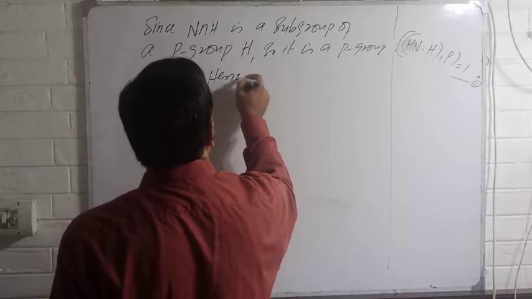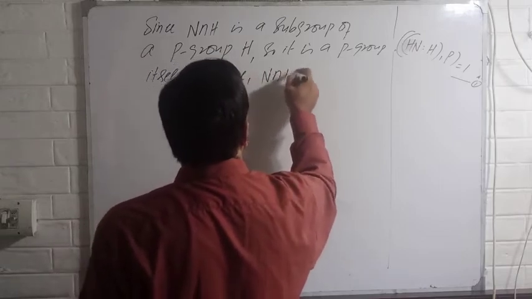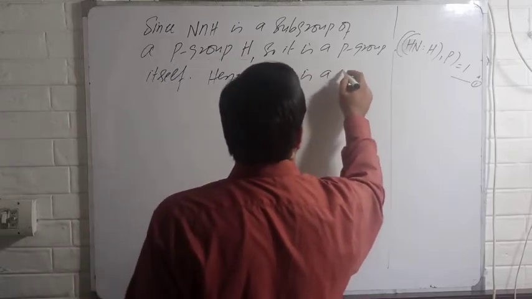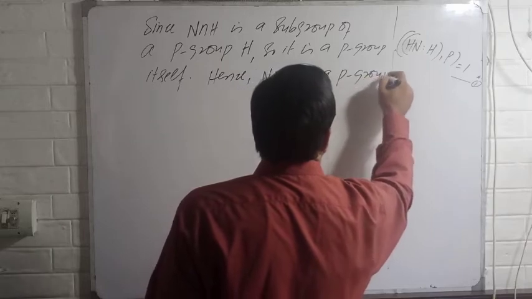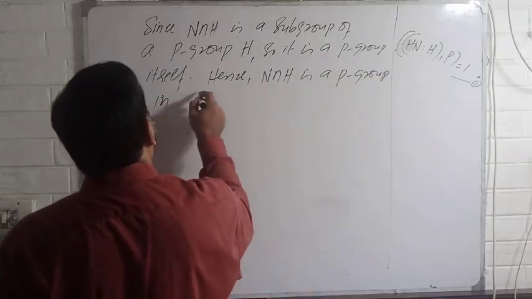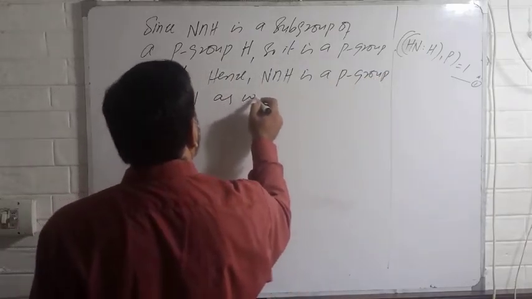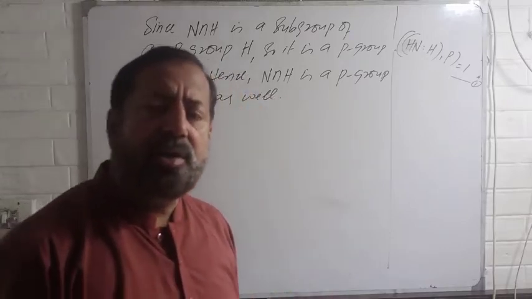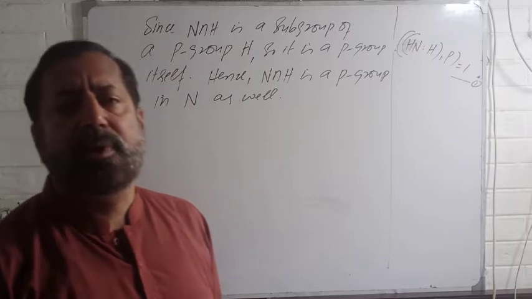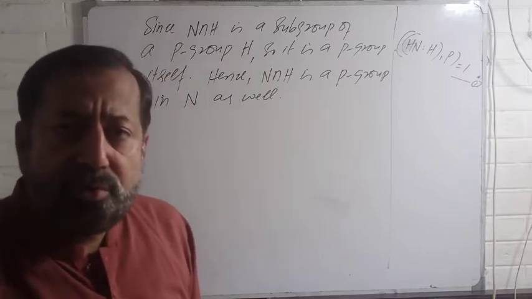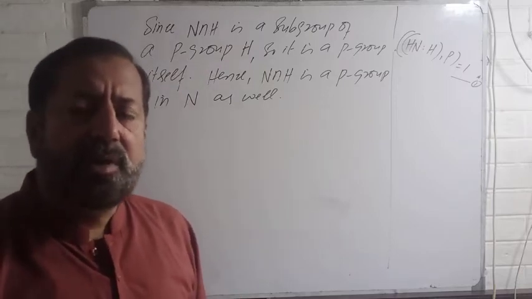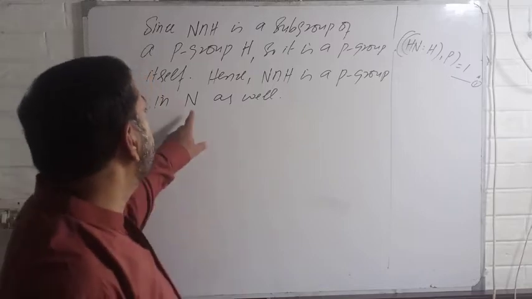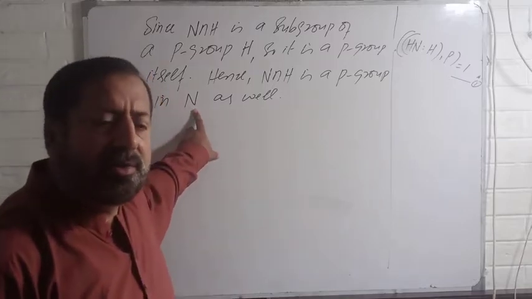Hence N intersection H is a p group in capital N as well, because we want to show that N intersection H is a Sylow-p subgroup in capital N. So first you need to show that N intersection H is in fact a p group in capital N. Yes, this is true here.